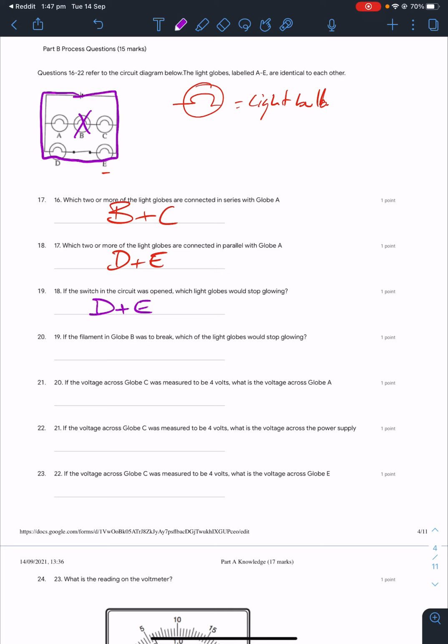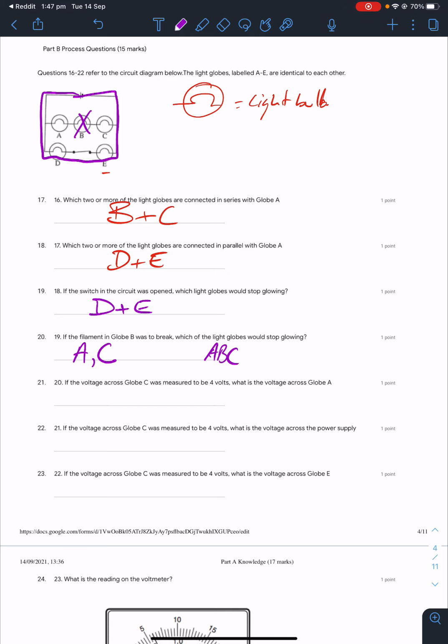So B will definitely go out, and a few people picked up that globe B would go out. Yes, that's good. We didn't really give a point for that though. We wanted to see some variation of A and C, okay? If you gave A, B and C, you still got the mark, of course. It was good that you picked up that B would go out. But we're looking for both A and C to get that mark there.